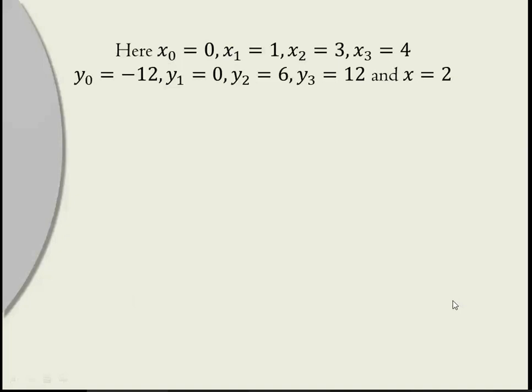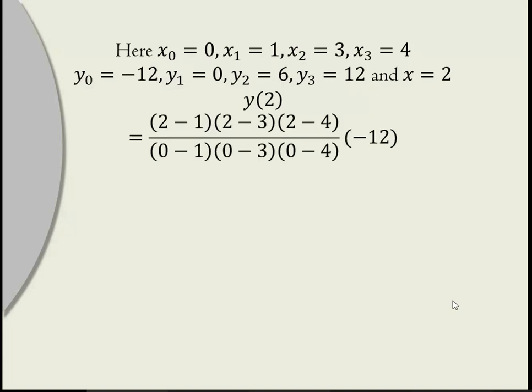So these are the values which we got from the table. x0 is 0, x1 is 1, x2 is 3, x3 is 4, y0 is -12, y1 is 0, y2 is 6, y3 is 12, and x at which we want to find y is 2. Put all the values in the formula.